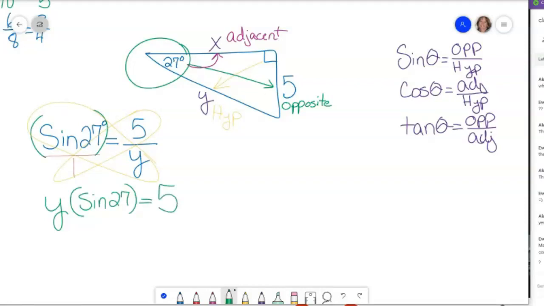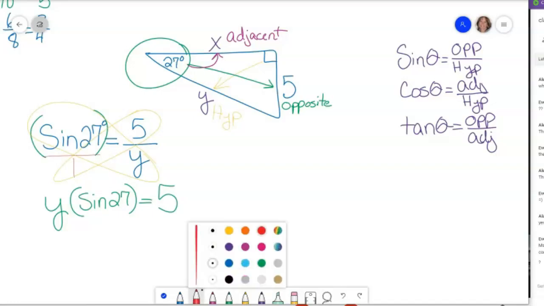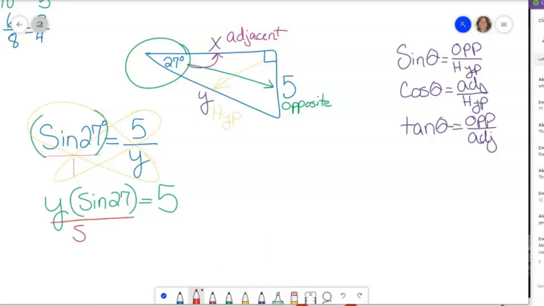Notice, again, I'm keeping my trig function all together. I'm going to divide it out, and I'm going to divide it on both sides. And again, it's a number over itself, so that cancels to 1.